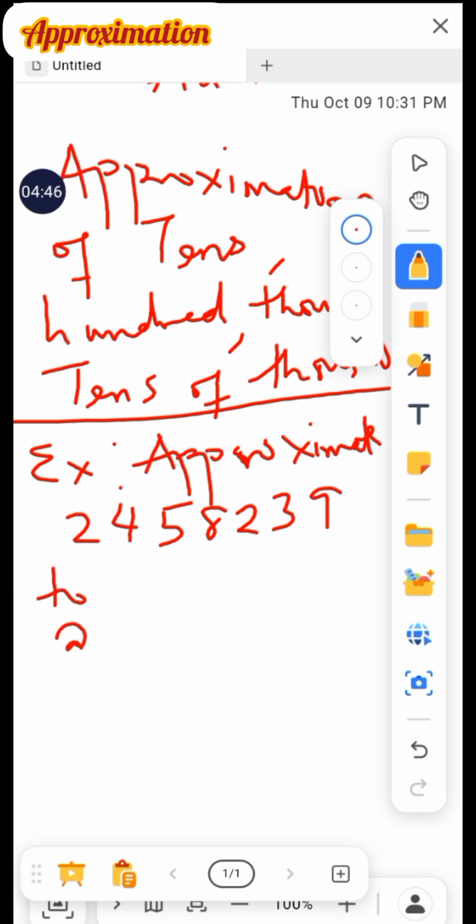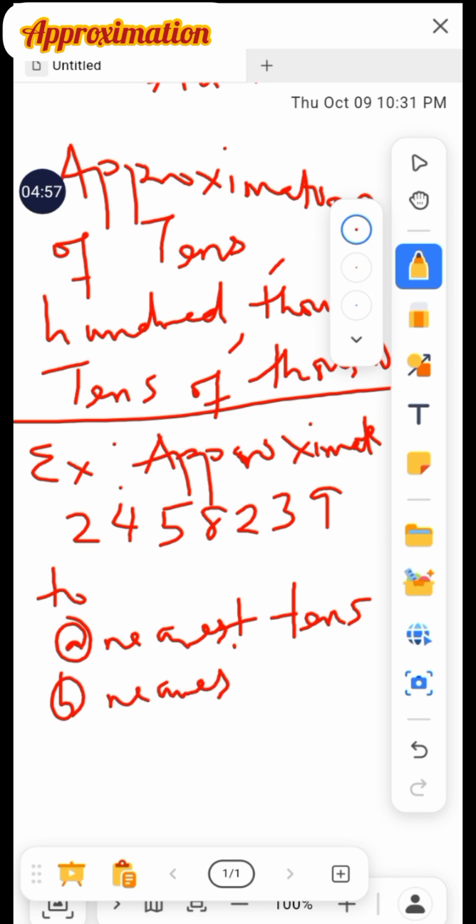And the question reads nearest tens, nearest 100. The next one reads nearest thousand.